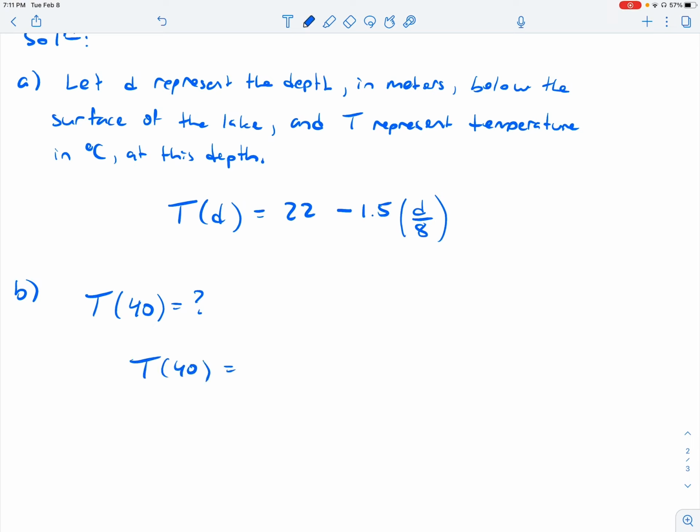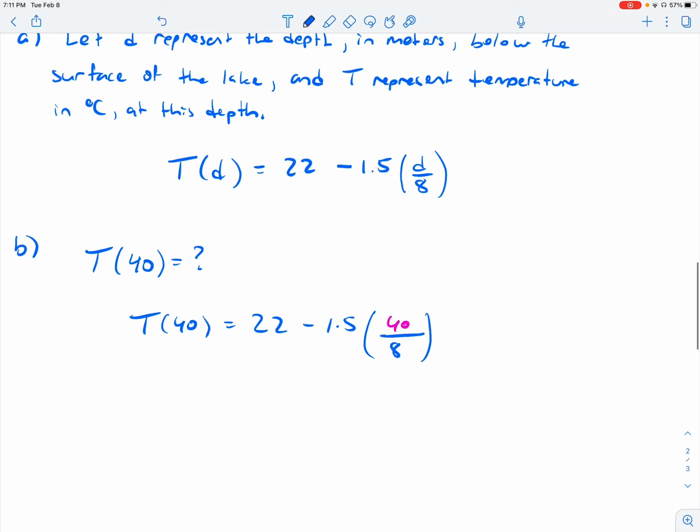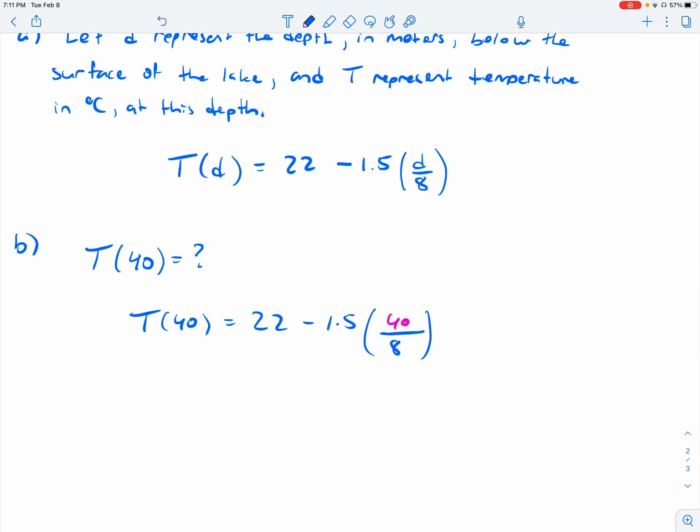So T of 40 is going to equal 22 minus 1.5, and then I'll change colors to show the substitution, 40 divided by 8. That works out to a nice 5.